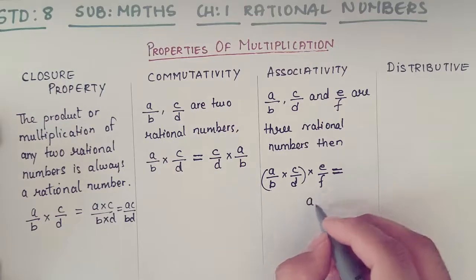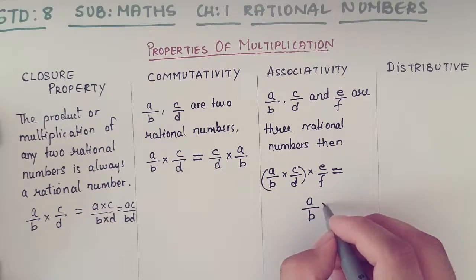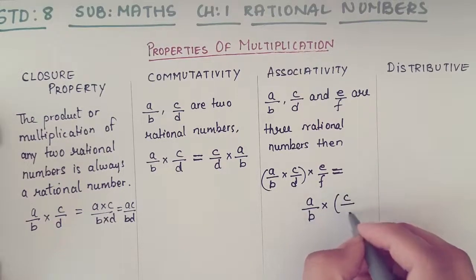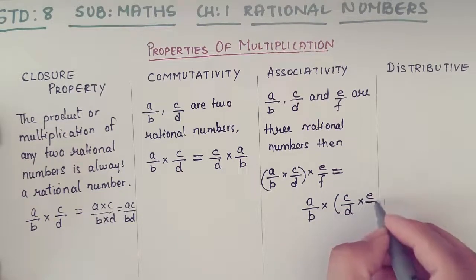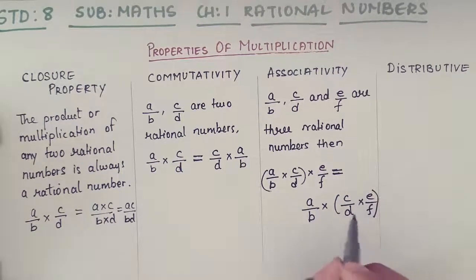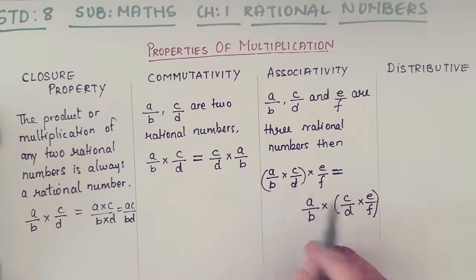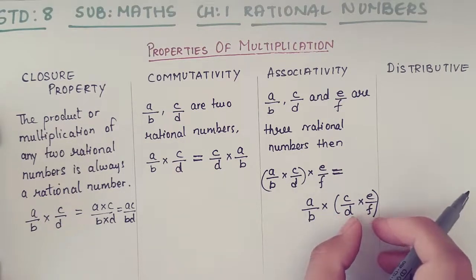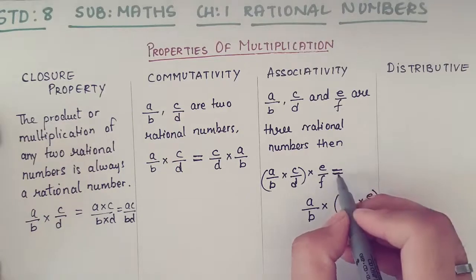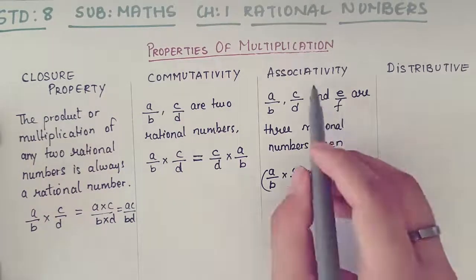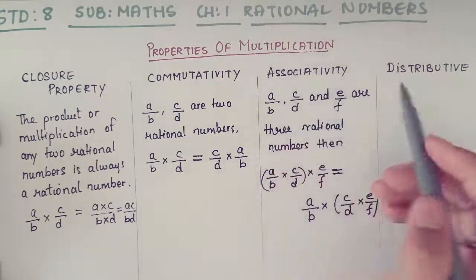This will be a upon b multiplied by c upon d into e upon f. Okay, so if you see the bracket, first we have taken the first two terms in the bracket and in the RHS the second and third terms in the bracket, then also the answer will be the same. Okay, so associativity under multiplication holds.